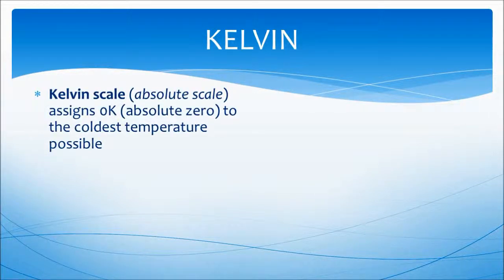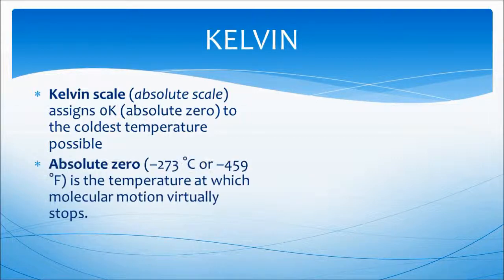The Kelvin scale is called the absolute scale, and it assigns 0 Kelvin to the coldest temperature possible. And we call that temperature absolute zero. Absolute zero is equivalent to negative 273 degrees Celsius or negative 459 degrees Fahrenheit. And at this temperature, molecular motion virtually stops.